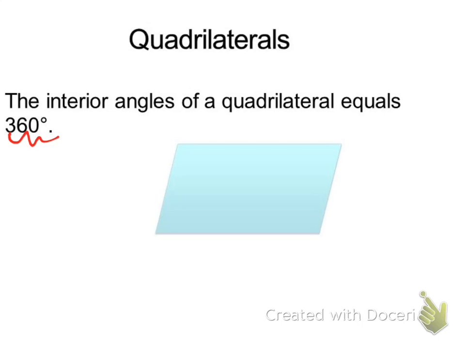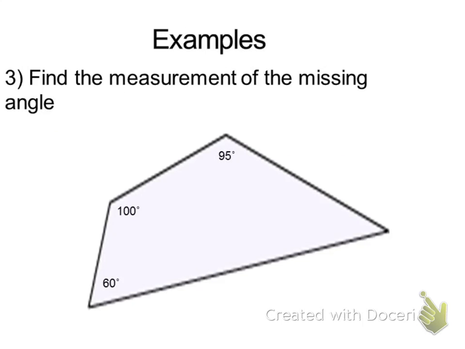So this next example is where the calculators are going to come into play. So if you need a calculator, now would be the time to get it out. You know the calculators on your iPhone? So the directions here say find the measure of the missing angle.